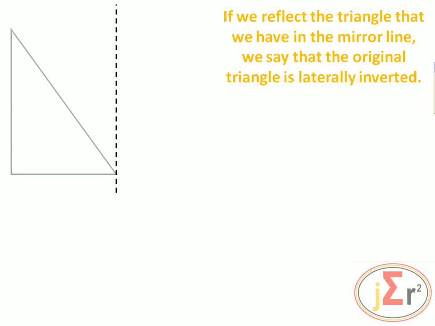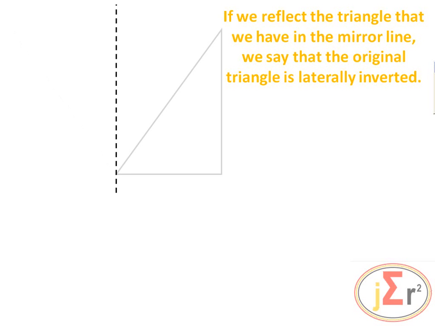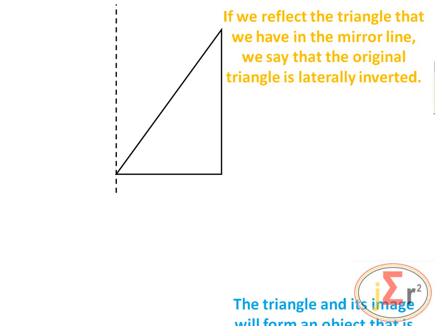So the mirror line will act like our center, like the middle of a book, and we just flip it over like a page. So when we flip the page over, it is now a lateral inversion of what it was before.